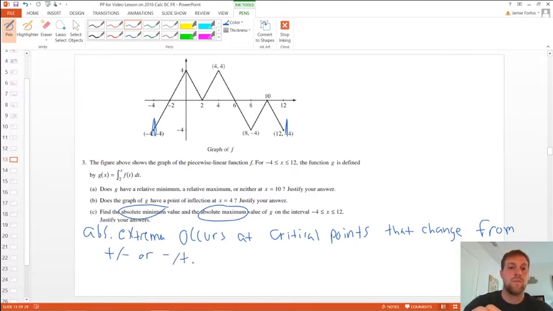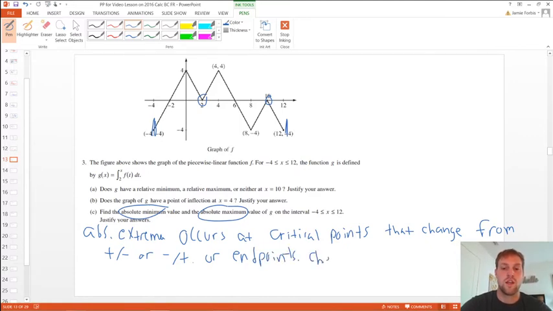Okay, because we do have a critical point at 2 and 10, but I'm not going to consider those points because we're not changing direction, so they're not going to be a max or a min. So absolute extrema occur at critical points that change from positive to negative or negative to positive, or endpoints.